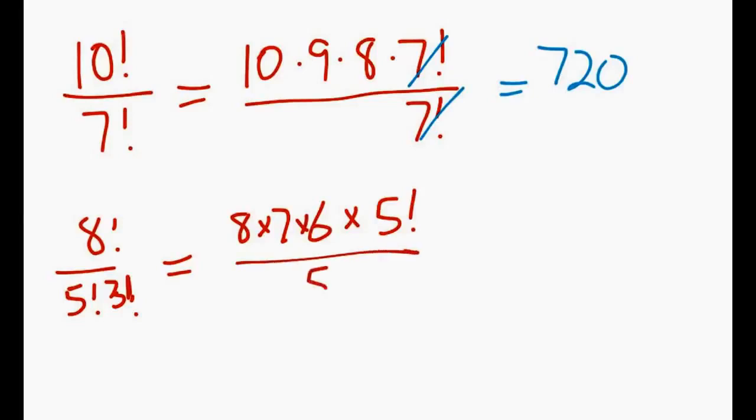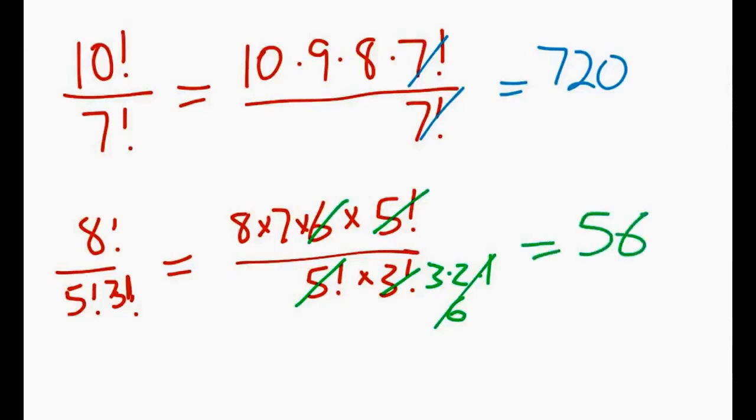Then on the bottom we got 5 factorial and 3 factorial. So now you can see the 5's would cancel, so the 5, 4, 3, 2, 1 would cancel. And we can even simplify this a little bit further, because 3 factorial is actually 3 times 2 times 1, which is 6. So we can actually cancel the 6 out as well. So in this case it would just be 8 times 7, which would be 56.